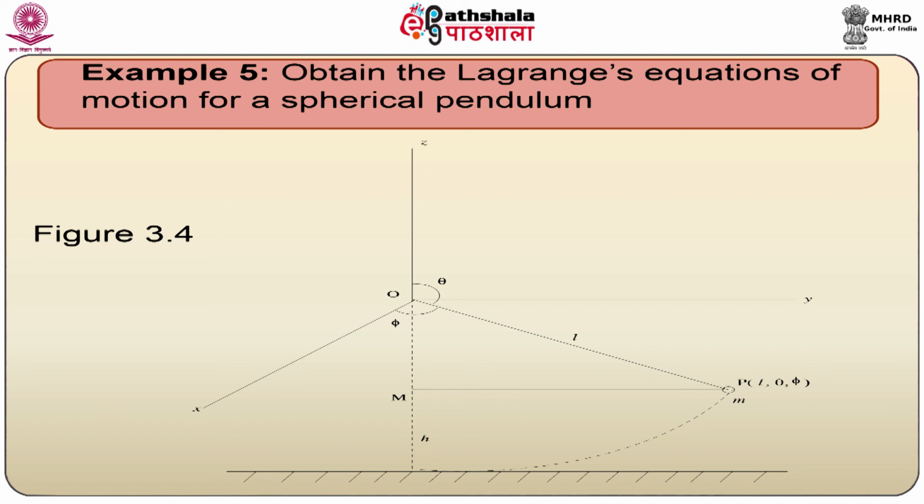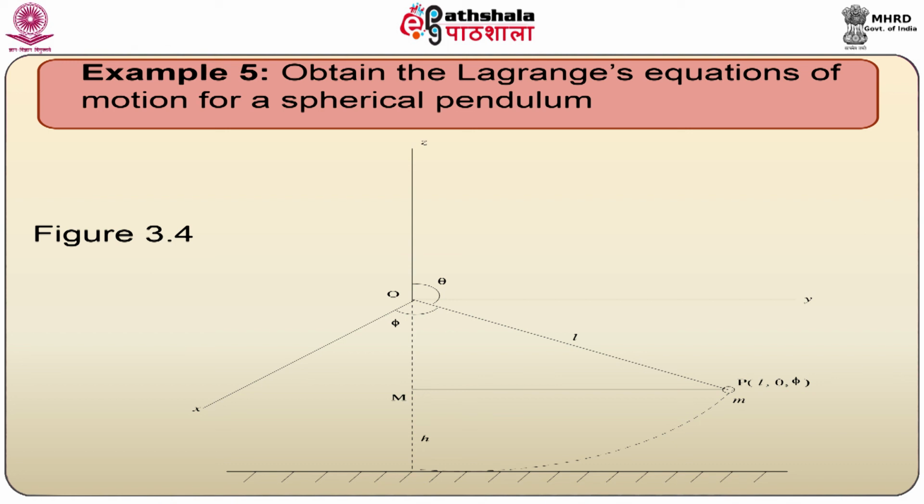P (L, theta, phi) is the position of the bob at any time t, having mass m. PM is drawn perpendicular to the vertical position of the pendulum. Its height from the horizontal is small h.